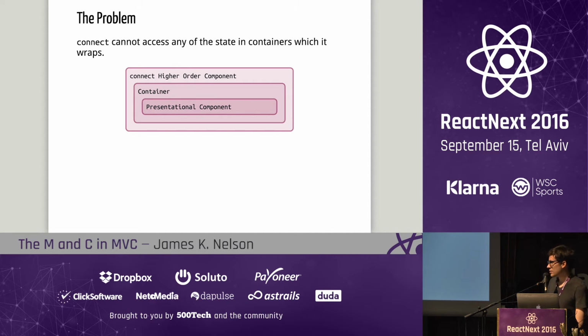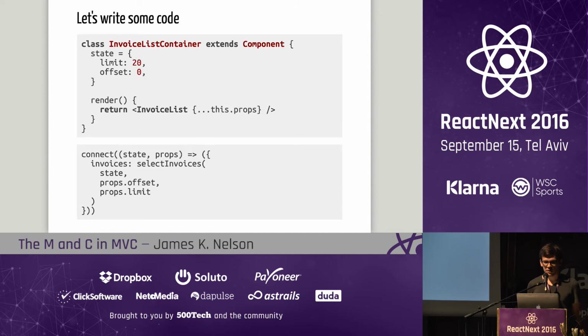Like if we put it on the outside, which is the first thing I tried, and I think the most obvious thing, it doesn't actually work, because if we go back here, the Connect higher order component needs to know about the offset and the limit in order to pick those 20 or so invoices out of the store.